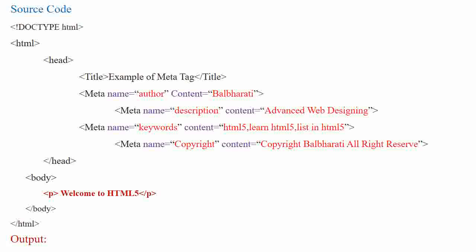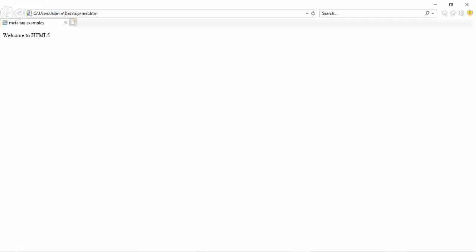Because the meta tag is not displaying the content on the web page. It is only used by the search engine. So see the output, how it appears on the web browser. You can see here welcome to HTML5, that is the single line.